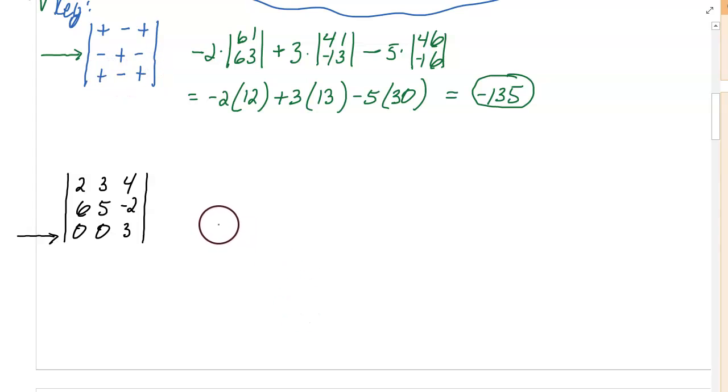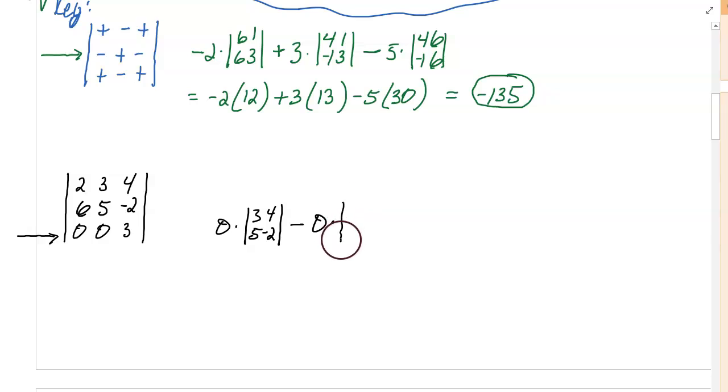Look what happens though if you use row 3. You start with 0 and you multiply it by a 2 by 2 determinant using the numbers 3, 4, 5, and -2. Then our key says to start with a minus sign, but the next entry is also a 0.